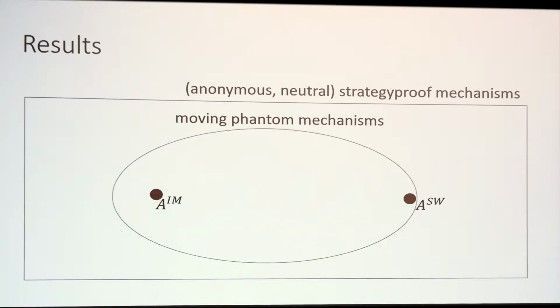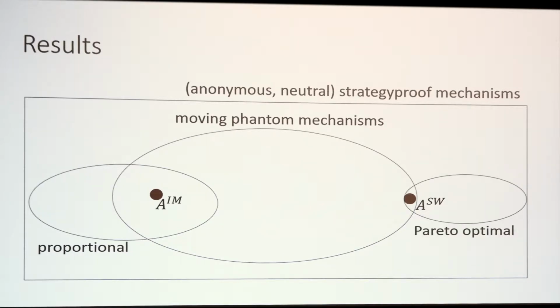We additionally identify one more mechanism in here that we call independent markets, and we show that it is indeed proportional. We also show that among this class of moving phantom mechanisms, the social welfare maximizing mechanism is the only one that is Pareto optimal. So at least within this class, we have an incompatibility between proportionality and Pareto optimality.